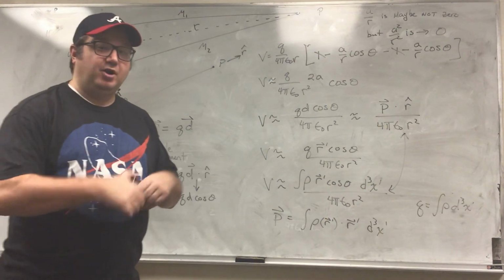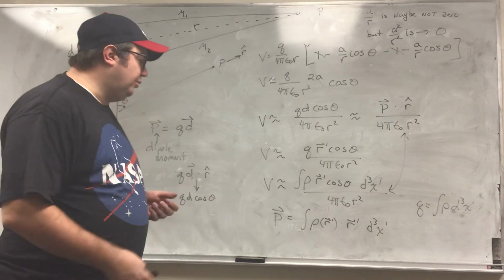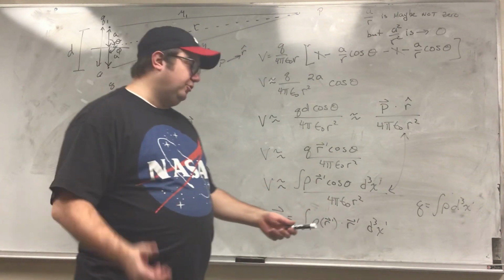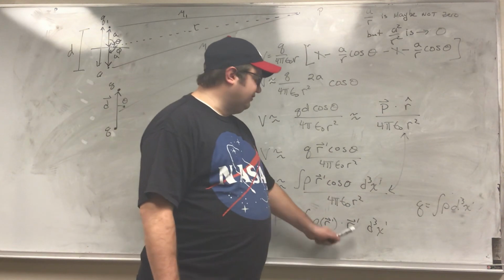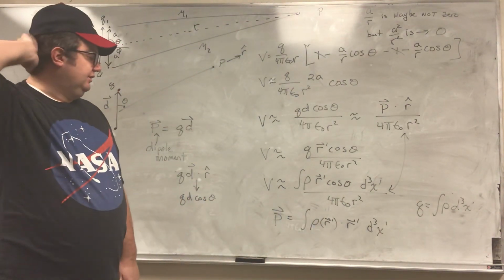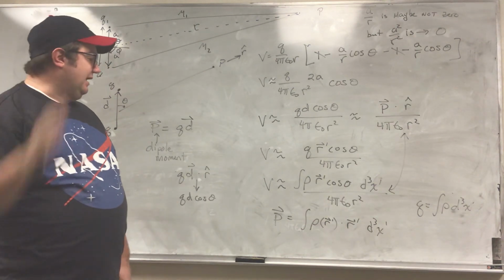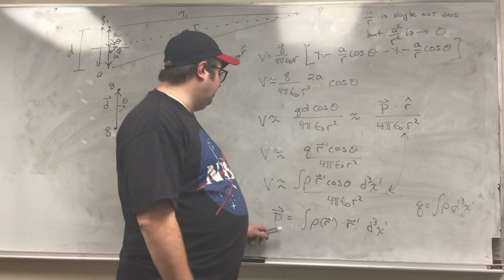And if I add up all the charge density, I get the total charge. But to find the dipole, I have the next term in the expansion. I am multiplying the charge density by the position of the objects and adding them up over the volume. And that'll tell me what the dipole moment is.